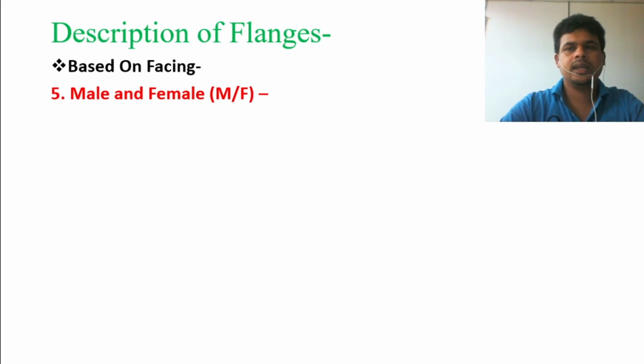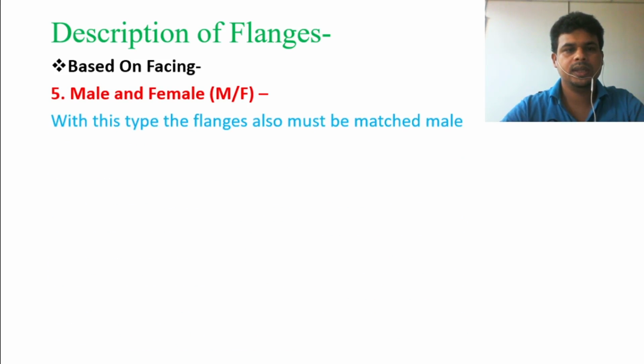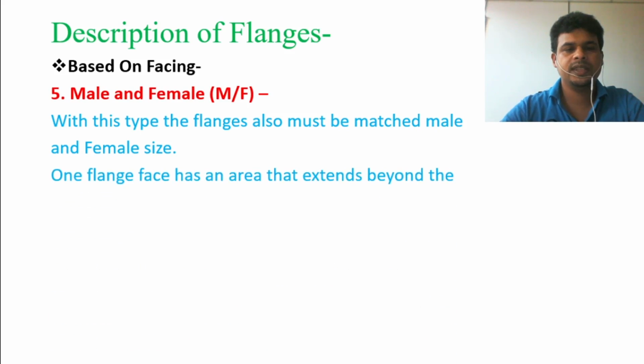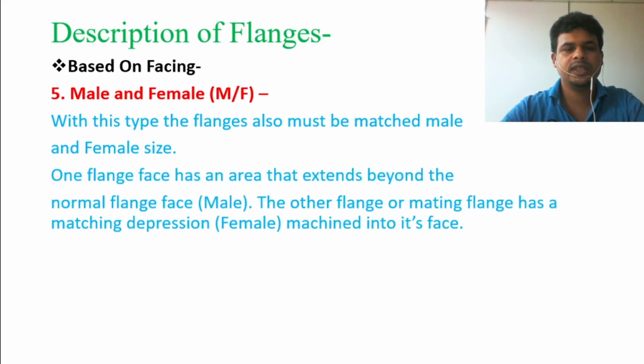Then another type of flange is the male and female flanges. Let's see what male and female is. Male and female is almost the same as tongue and groove flanges. With this type of flange, the male and female sizes must also be matched. One flange face has an area that extends beyond the normal flange face, the male.